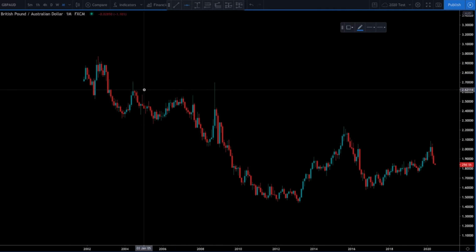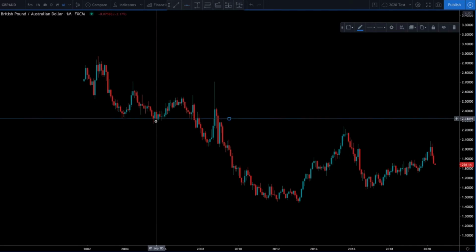So if you draw a line through the open and close over here, and there is other price action over here, you'd want it to go through the open and close again. And by open and close, if you don't know candlesticks, the body is where the open and close is. So that would be right here. The extremes would be the bottom or top of the wick.